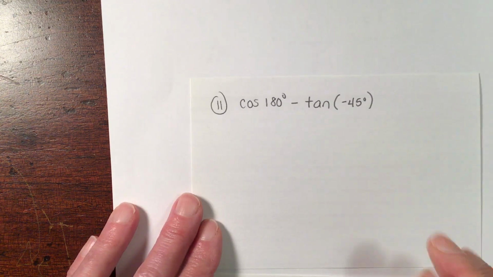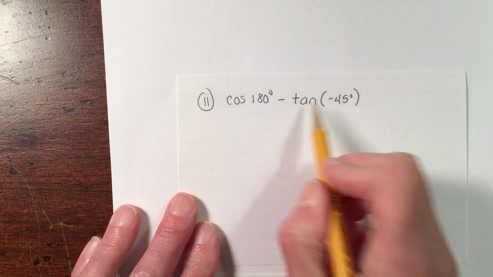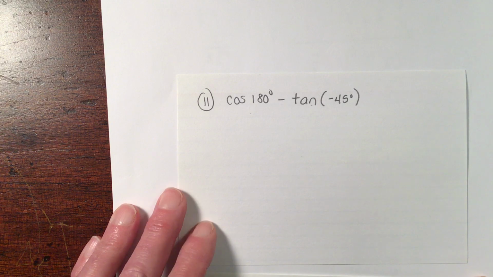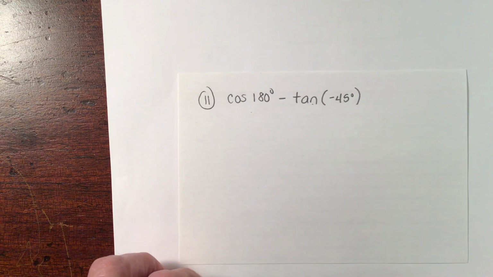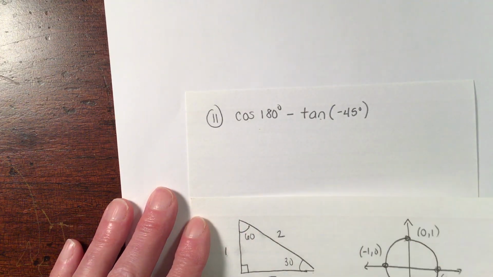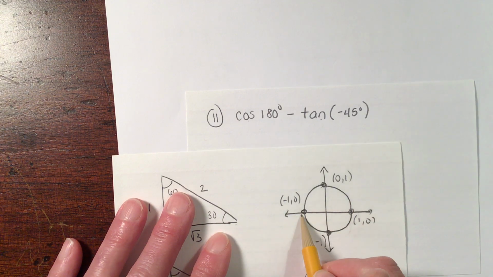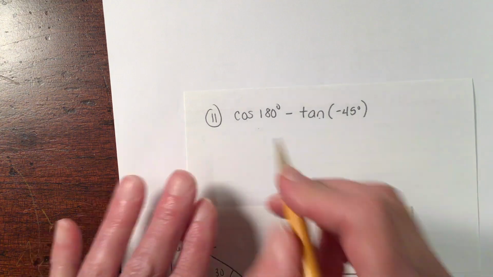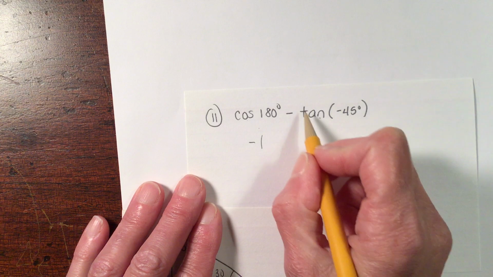Sometimes, like question 11, our questions have more than one term and we have to do some operations: add, subtract, multiply, divide, whatever the case may be. Just follow the math. The cosine of 180, I'm going to use my unit circle. At 180 degrees, the cosine is the x value. So the cosine of 180 is -1. Now this second part, I can do one of two things.